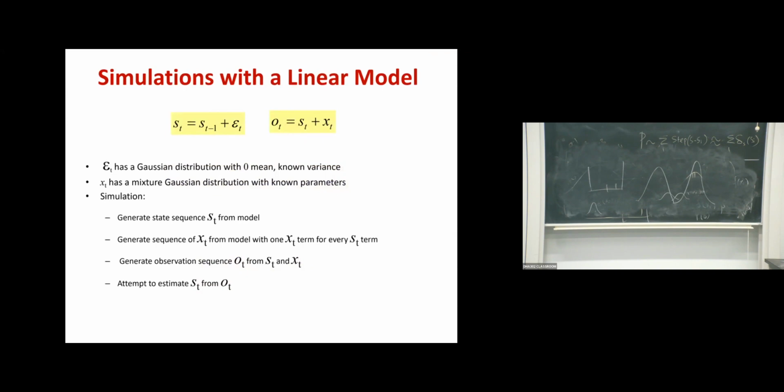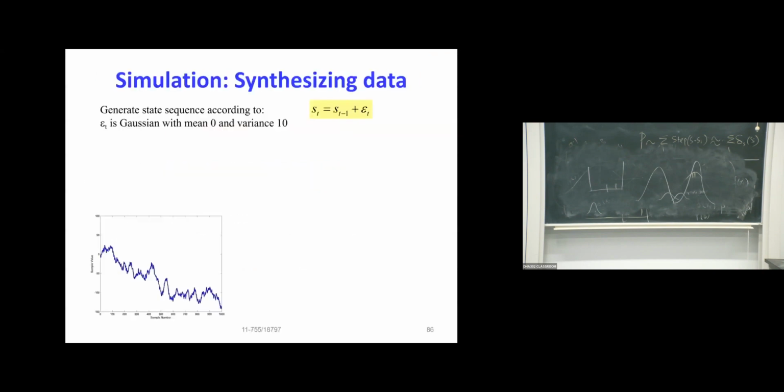I'm going to run a simulation this time with a linear Gaussian model, simply because we know how linear models work, right? And so the state has a simple form: s_t equals s_{t-1} plus epsilon, o_t equals s_t plus some noise gamma, right? Noise, which I've called x. And I've generated a state sequence according to this. That blue curve is the state sequence.